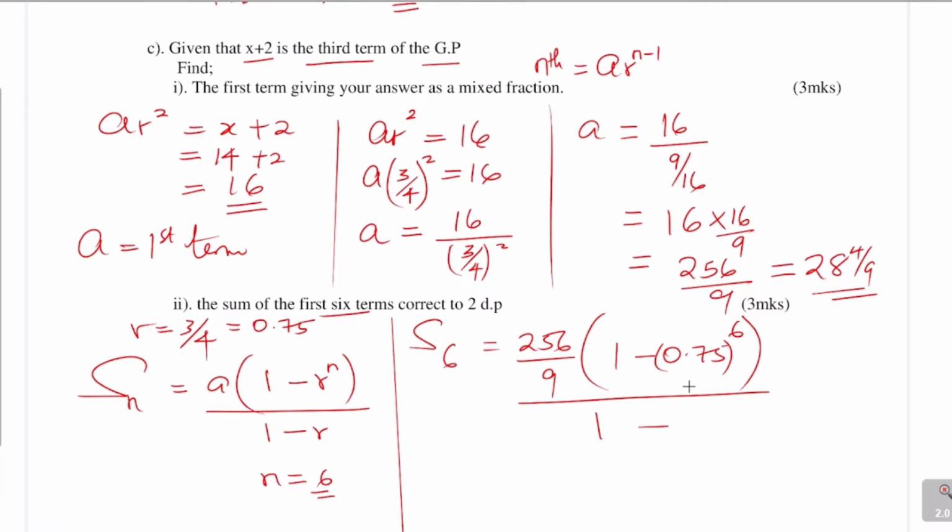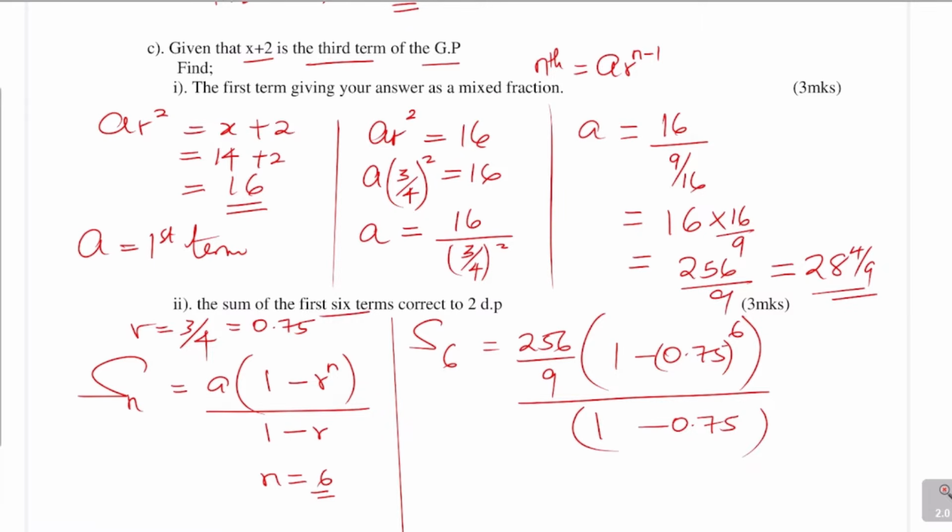Then divided by 1 minus r, that is 1 minus 0.75. So that is what you're supposed to do.